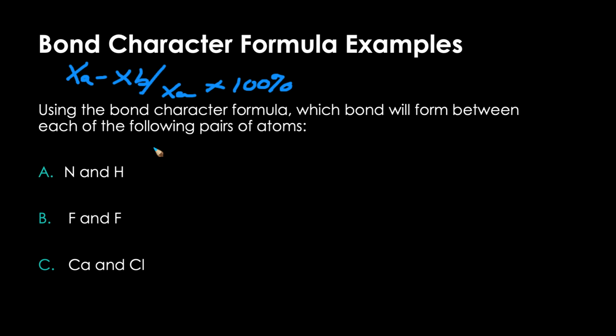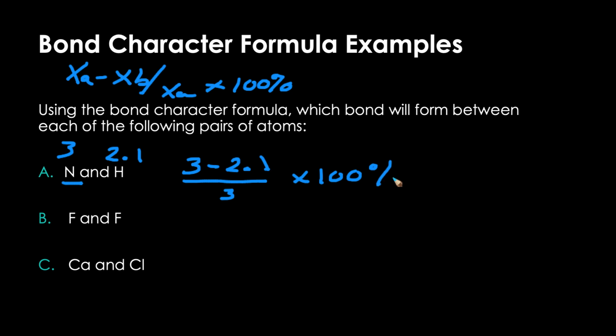So first one, we're going to deal with nitrogen and hydrogen. So to get the values, you're going to look at your electronegativity chart. So nitrogen has an electronegativity of 3, hydrogen 2.1. We could see here the more electronegative element is nitrogen, so that's XA. So it'll be 3 minus the least electronegative element here, which is hydrogen, 2.1, all over 3 times 100%.